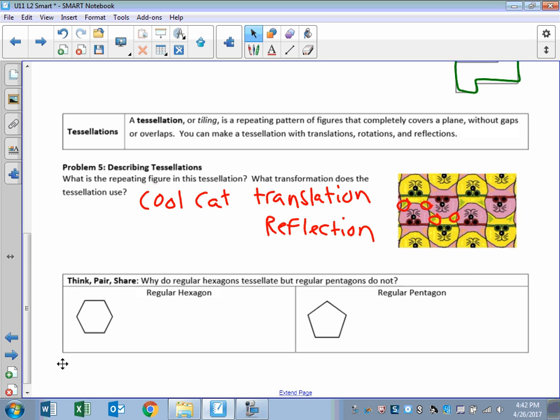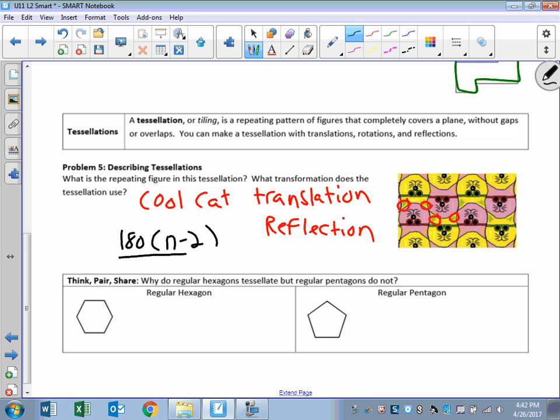So if you don't remember the way you find the measure of a single interior angle of a shape, the equation is 180 times n minus 2 divided by n. Okay.